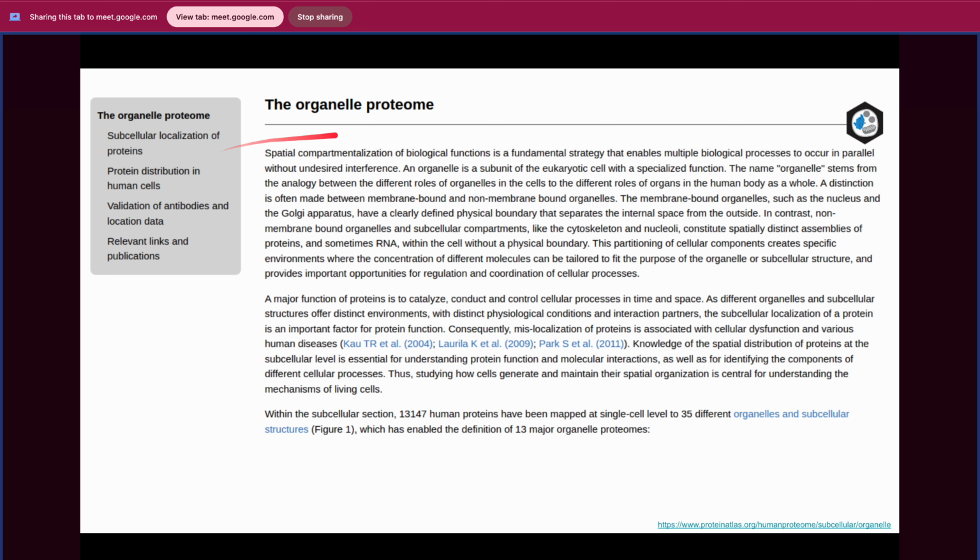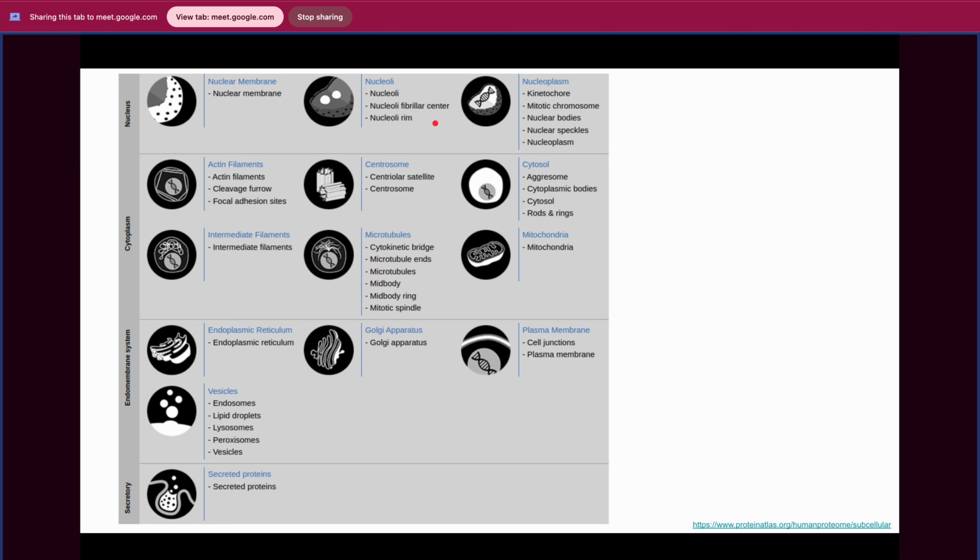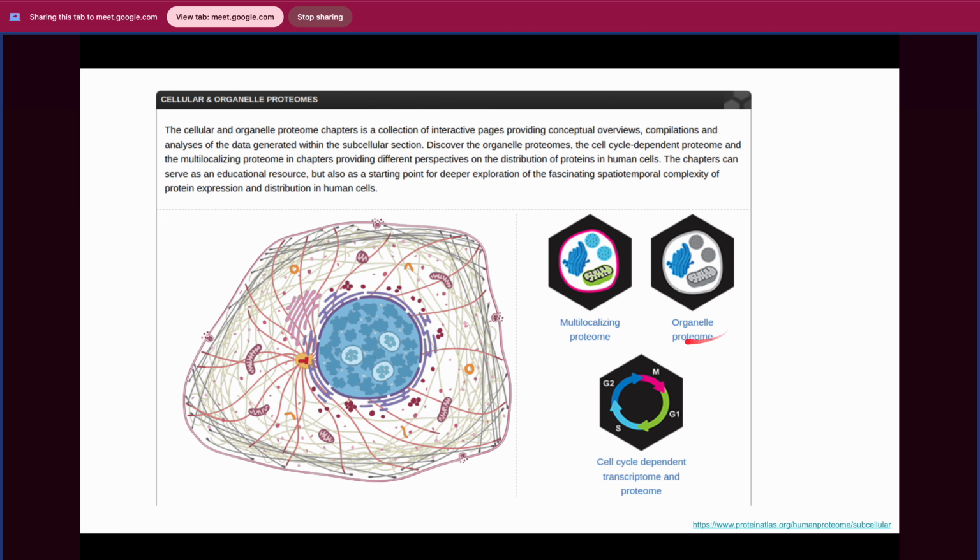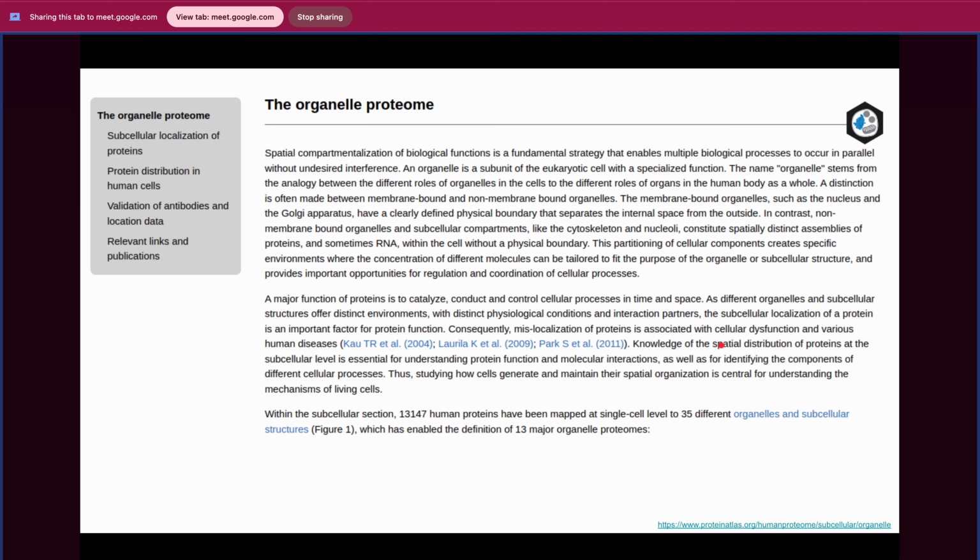If we go to the organelle proteome, by further scrolling down you will find the organelle proteome, or if you do not find it, you can simply click here, and it will take you to this particular page. In organelle proteome, you will find the subcellular localization of proteins, the protein distribution in human cells, and validation of antibodies and location data, and relevant links and publications. We will explore all these things.